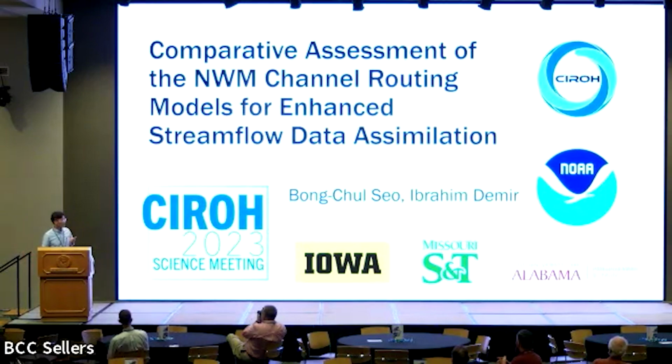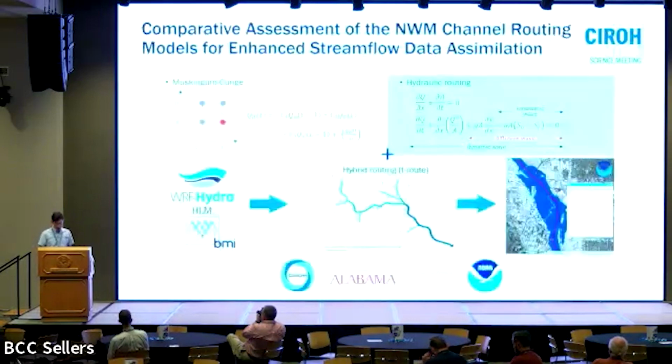Hi everyone, I'm Bongchul from Missouri University of Science and Technology, and I have a colleague, Ibrahim Demir, working on this project together. The basic concept of this project is to evaluate the channel routing model known as T-route, which enables a heterogeneous application of multiple channel routing schemes in the river network. T-route consists of Muskingum-Cunge and a new one with a hydraulic routing scheme.